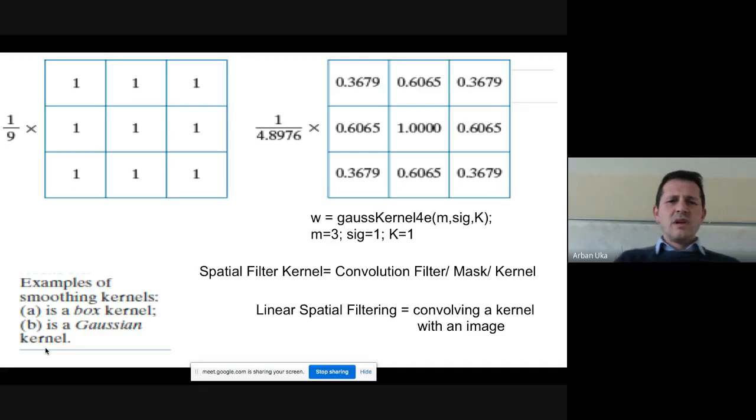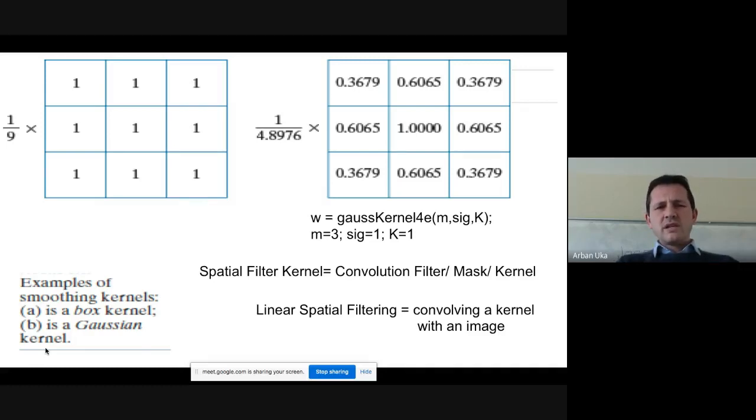Okay, so what this means is that if you have the box filter of all ones, it goes over a certain pixel, and what it does is sum. So we do element-wise multiplication. All of these ones multiply the pixel values in a window of 3 by 3. This could even be a window of 5 by 5 or 7 by 7. And we add those and we divide by 9.